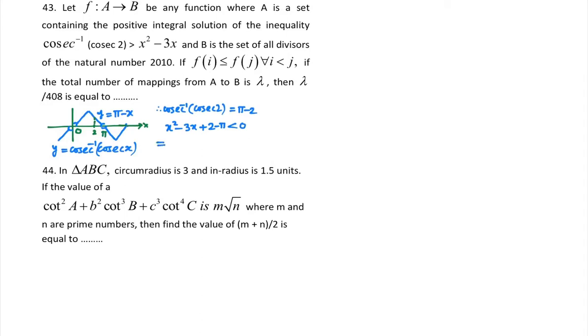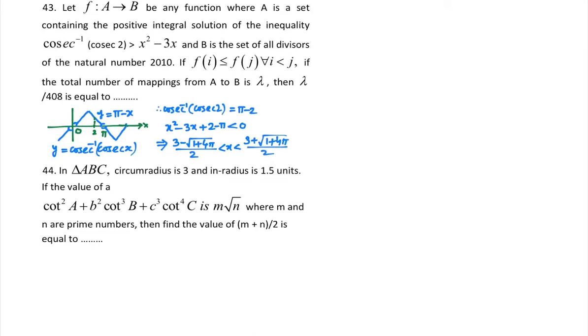That is another concept that we are using, and by using that we get (3 minus root over 1 plus 4 pi) divided by 2 less than x less than (3 plus root over 1 plus 4 pi) divided by 2.